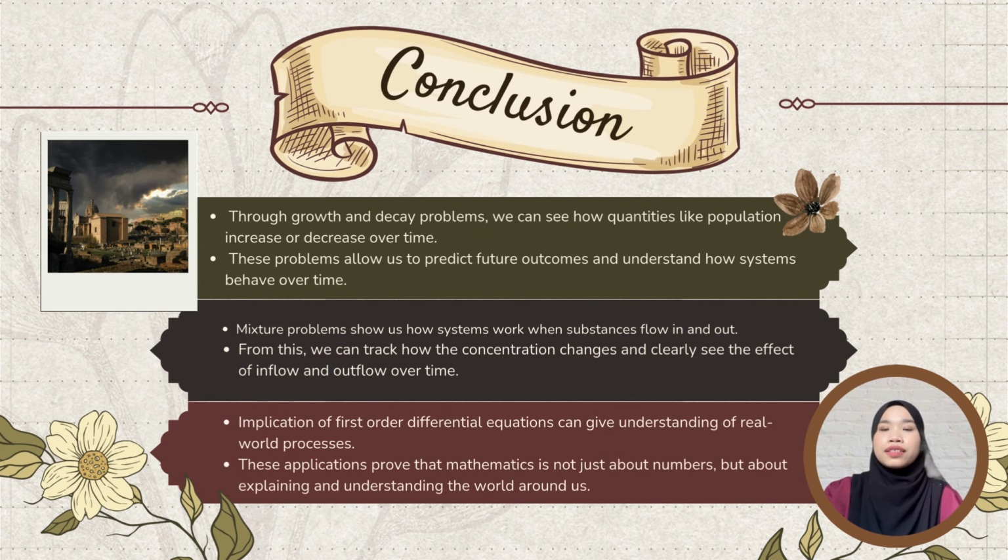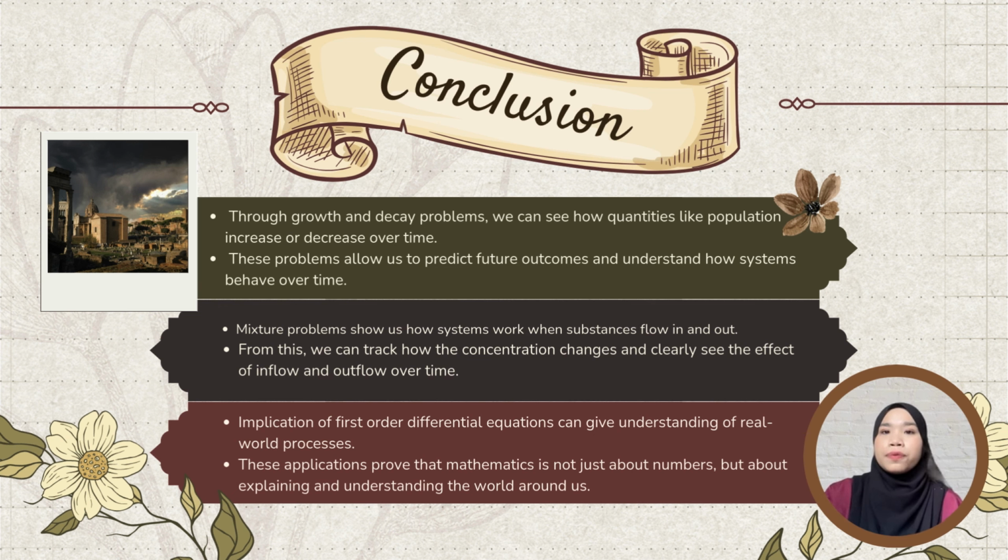In conclusion, throughout growth and decay problems, we can see how quantities such as population increase or decrease over time. These problems help us predict future outcomes and understand how systems behave as time progresses. Mixture problems demonstrate how systems work when substances flow into and out of a system.